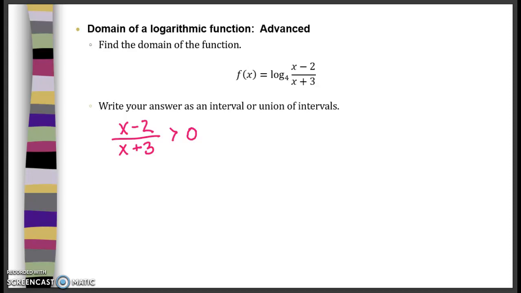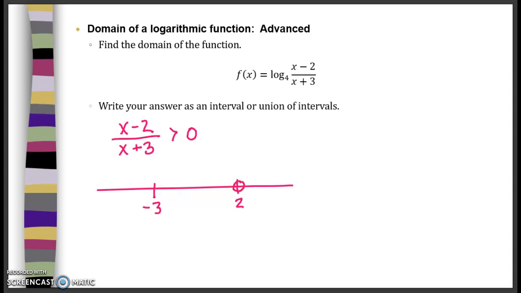What are my critical values I'm going to pick? Well, I pick where my denominator is equal to 0, which happens at negative 3. And then I pick my x-intercepts, which is going to happen at 2. If I plug in 2, I will get 0, so I'm not going to include 2.